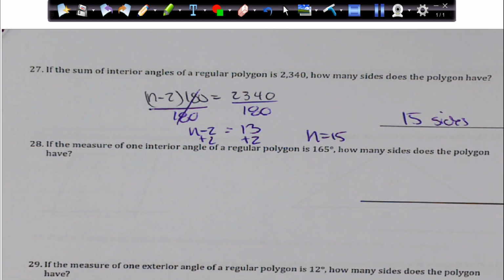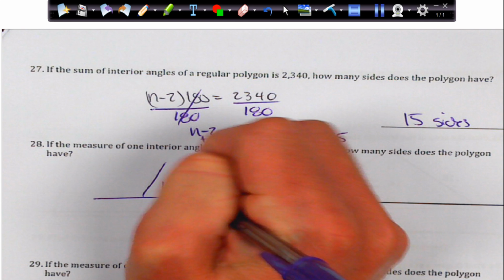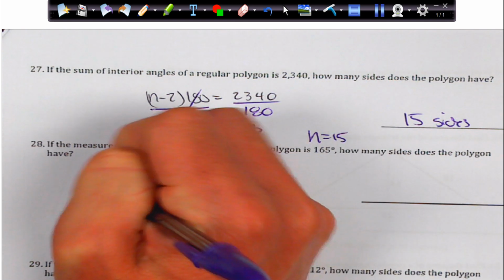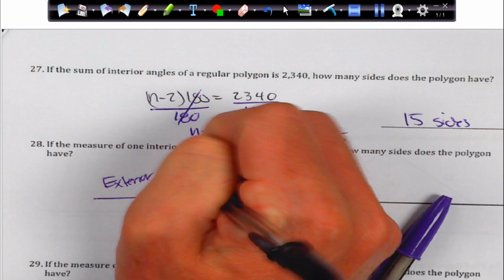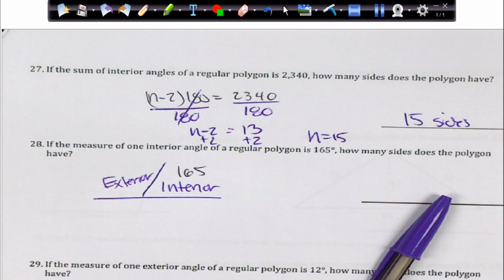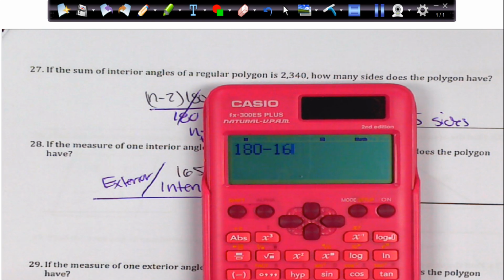If the measure of one interior angle of a regular polygon is 165, how many sides does the polygon have? Now this is where I like to cheat. So check this out. If this is an interior angle, this is the exterior angle. That means they add up to, that's right, 180. So take 180, subtract 165, you get 15.